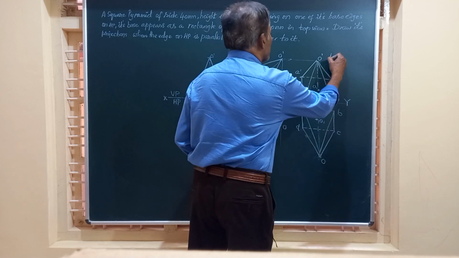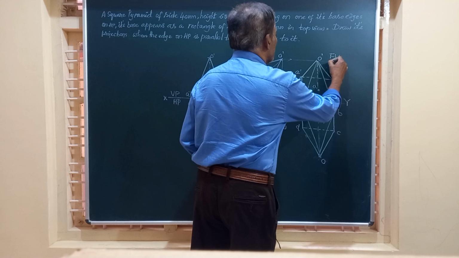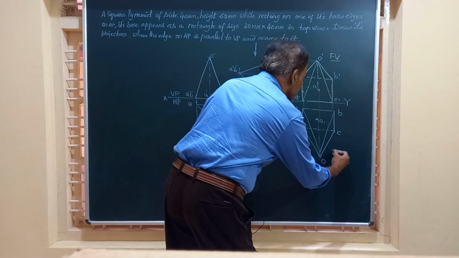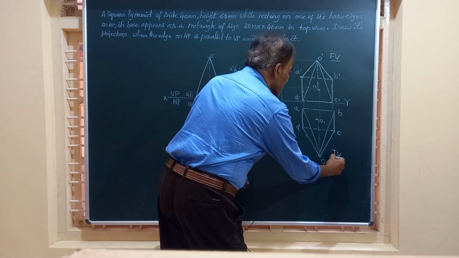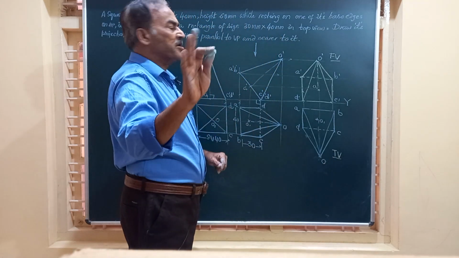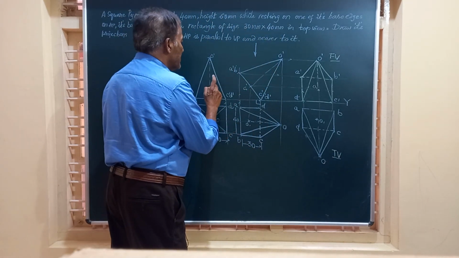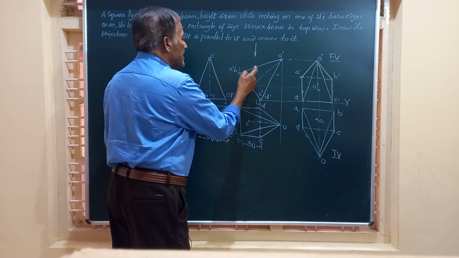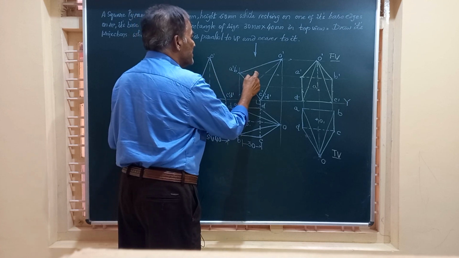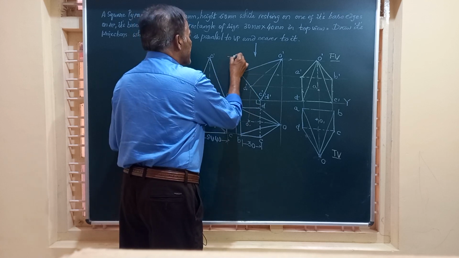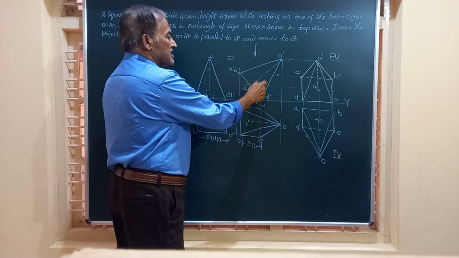Friends, this figure is going to give you the front view of the solid and this is the top view of the solid. Before I conclude, I would like to remind you once again that figure number 1, the front view, and this front view in the second position, they are exactly identical.